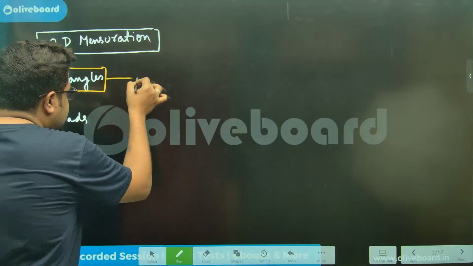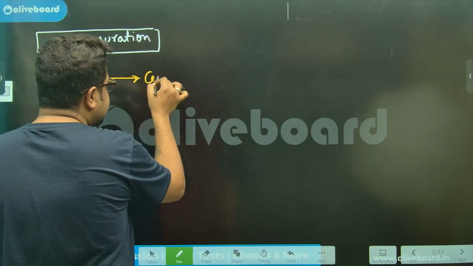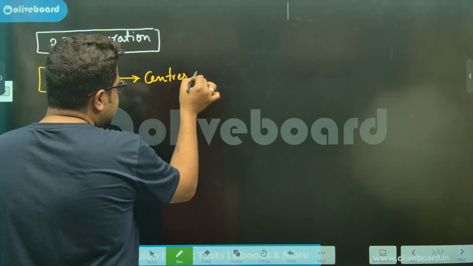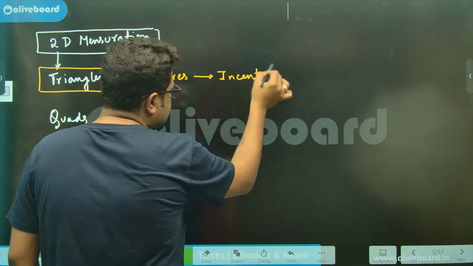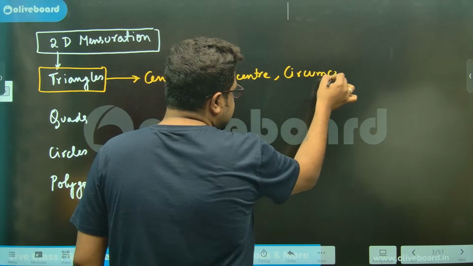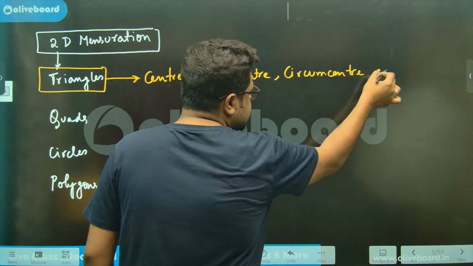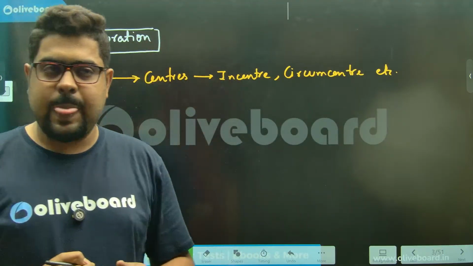They started asking triangle questions very specific to centers, meaning incenter, circumcenter. These type of questions kind of started picking up the pace.